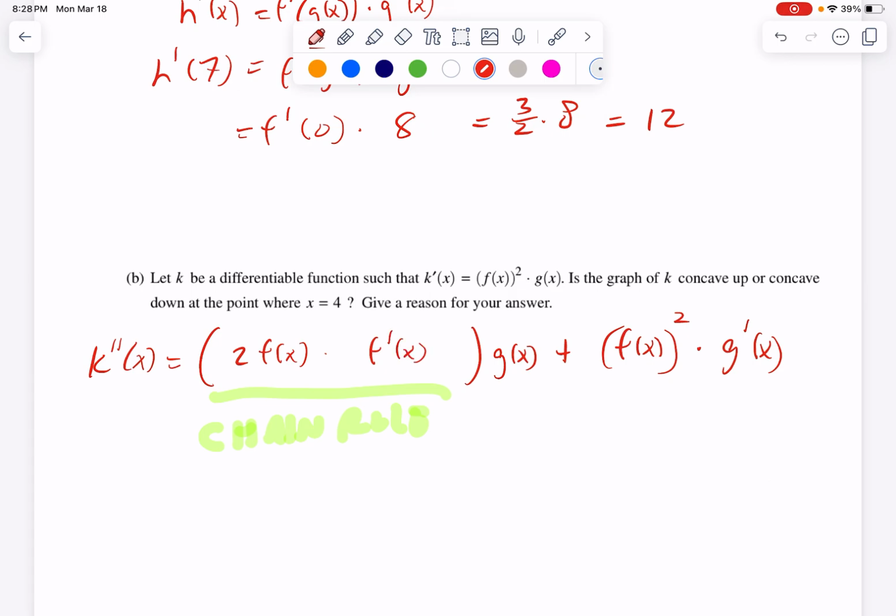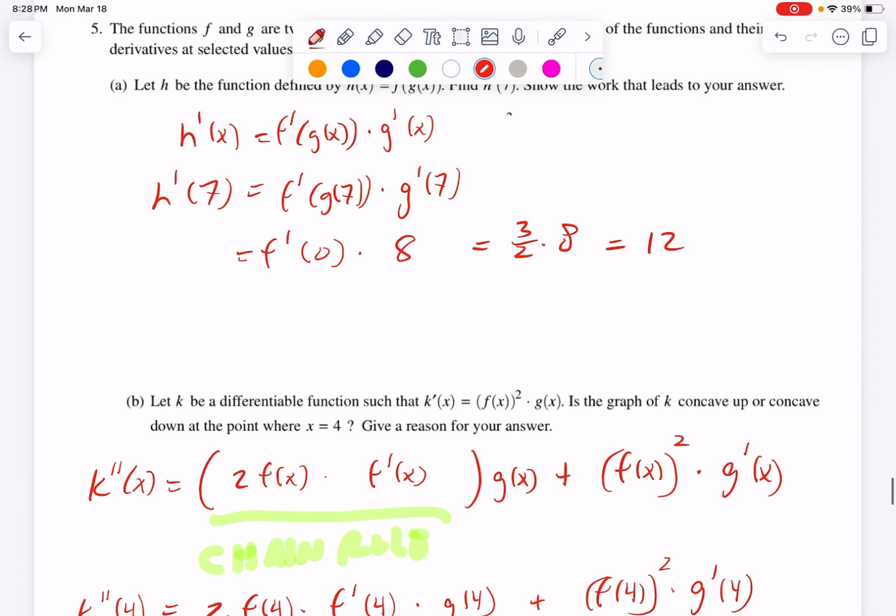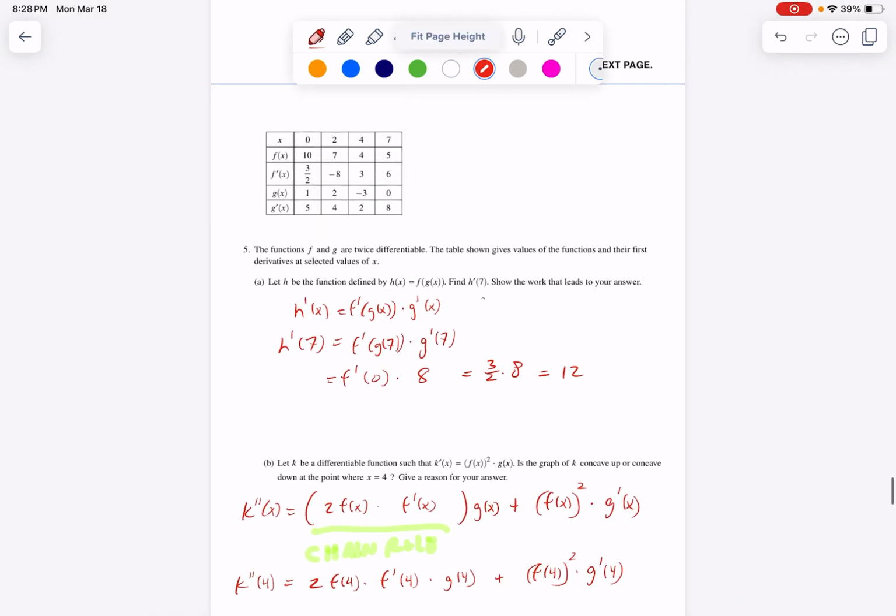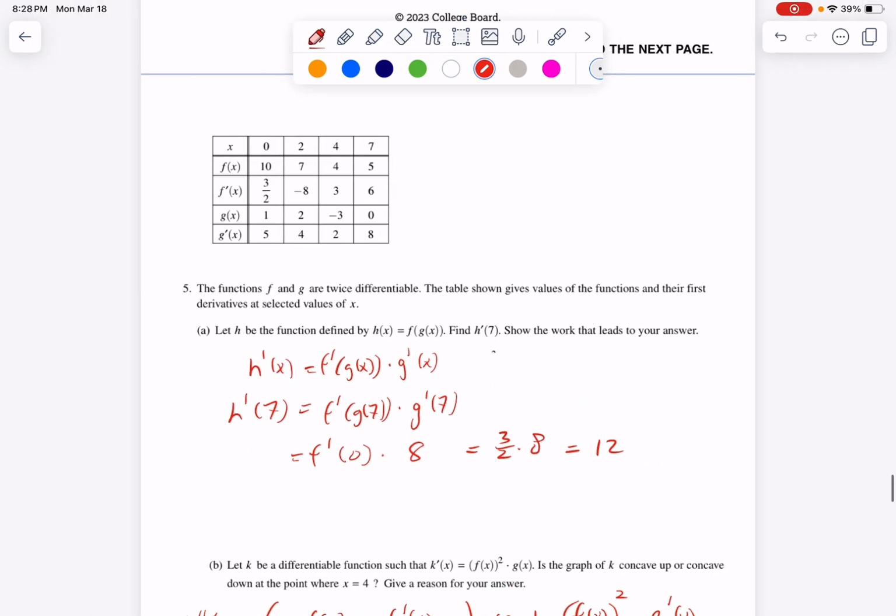And now we plug in 4. So k double prime of 4 is 2 times f of 4 times f prime of 4 times g of 4 plus f of 4 squared times g prime of 4. All right, what do we got here? F of 4 is 4.